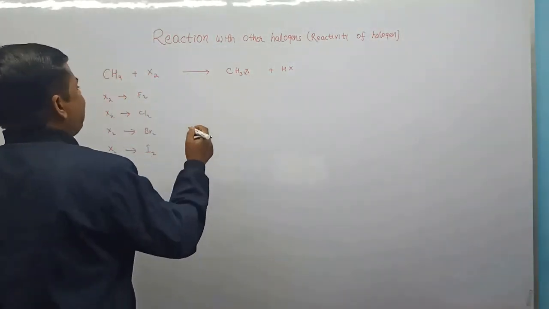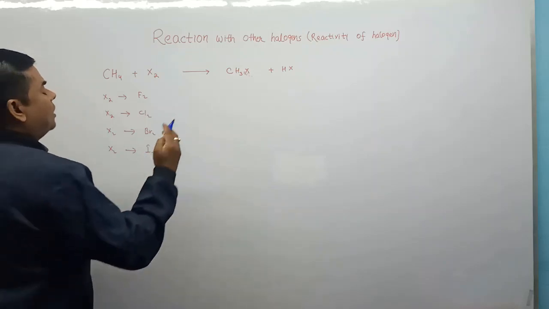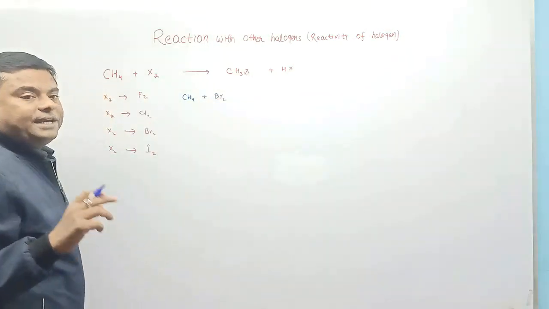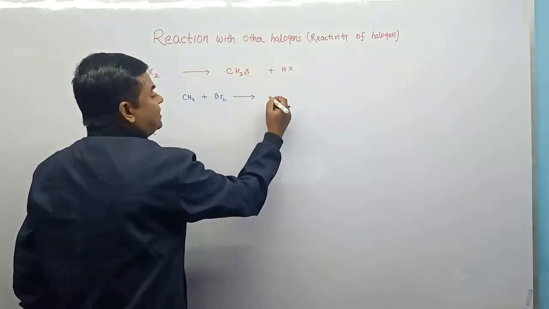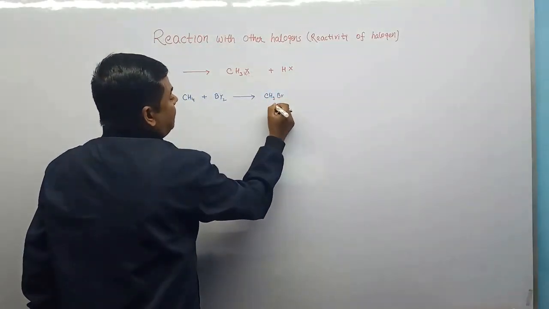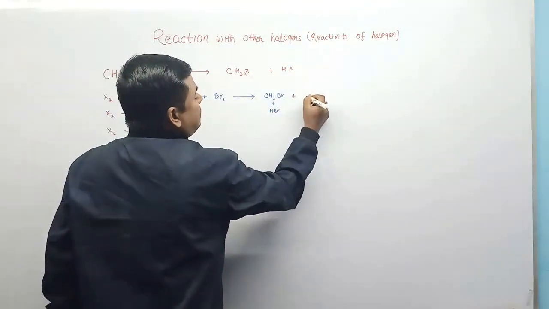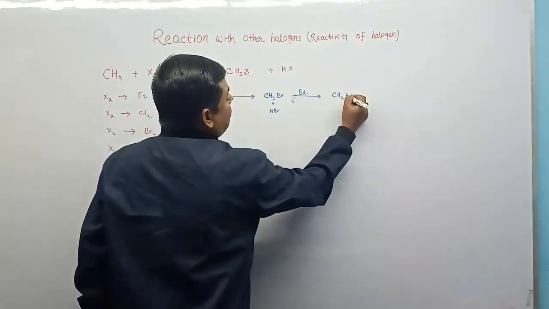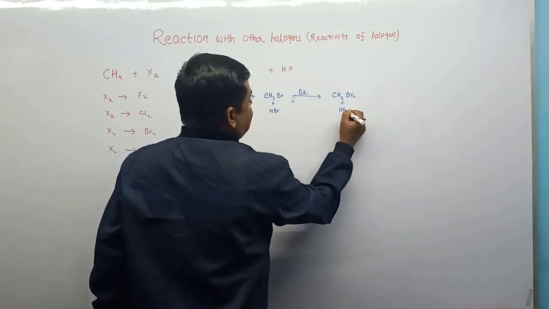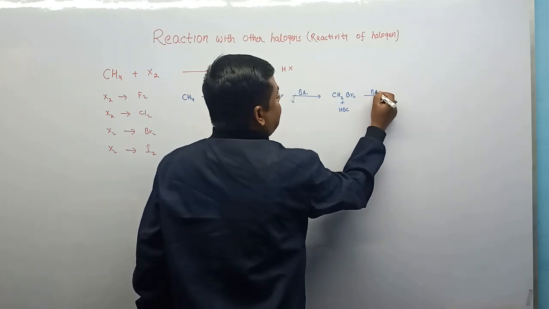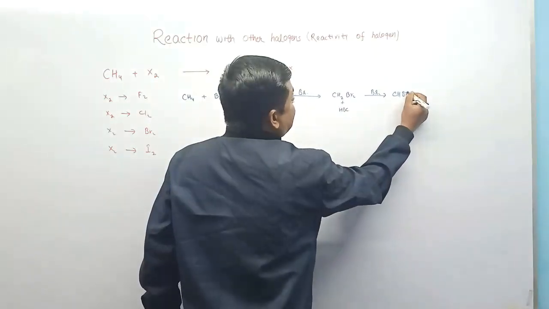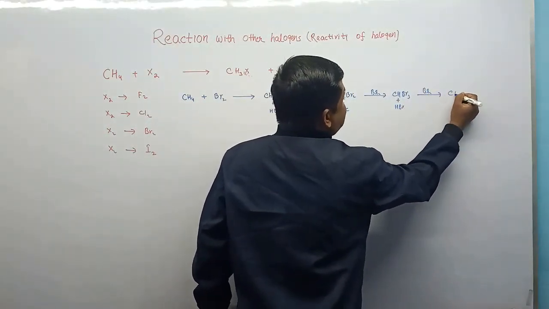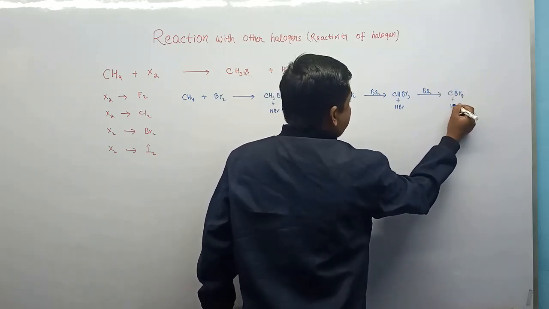See here, if we treat CH4 with bromine, that is, bromination takes place, we get all the products like in chlorination, that is CH3Br plus HBr, and second, again we have Br2, we have CH2Br2 plus HBr, plus again Br2, CHBr3 plus HBr, and further Br2, that is CBr4 plus HBr.